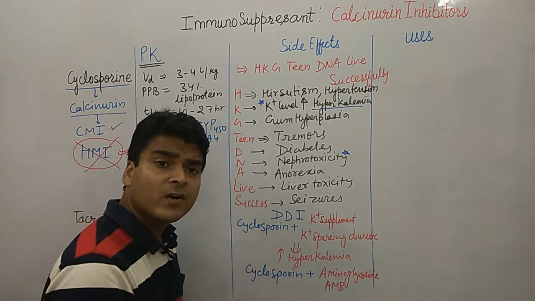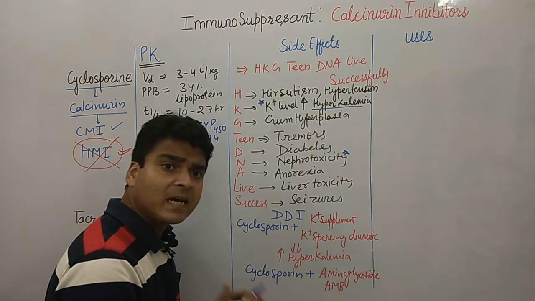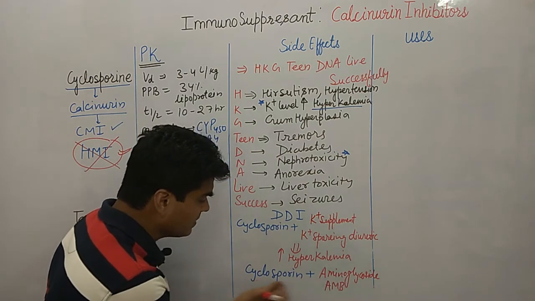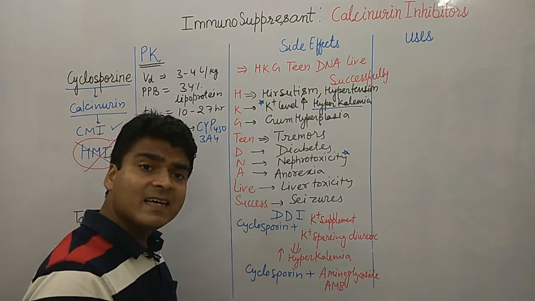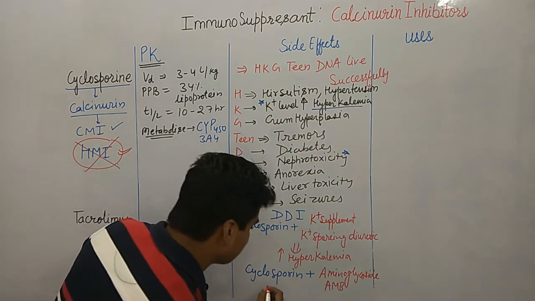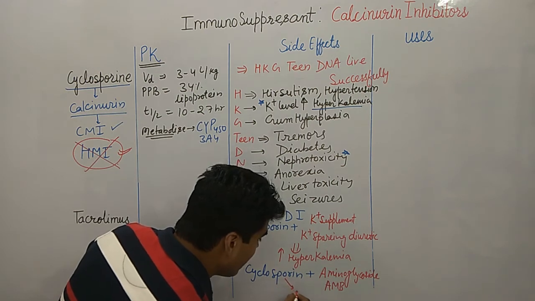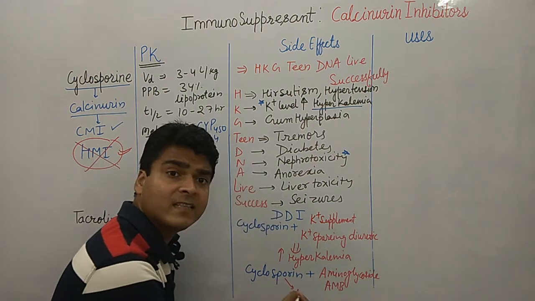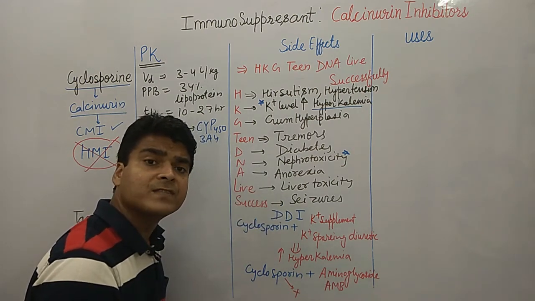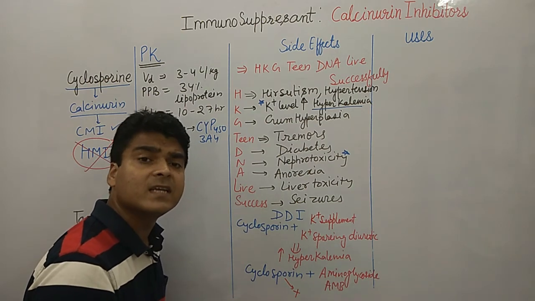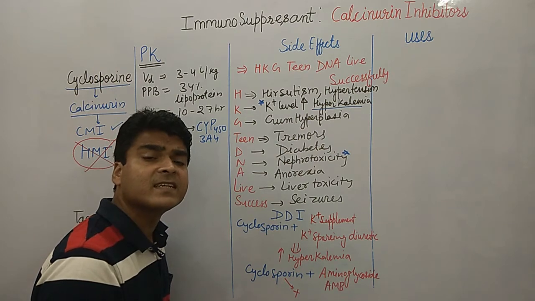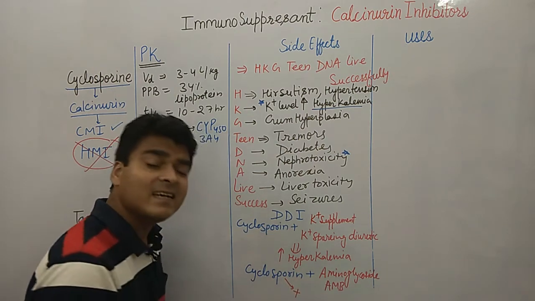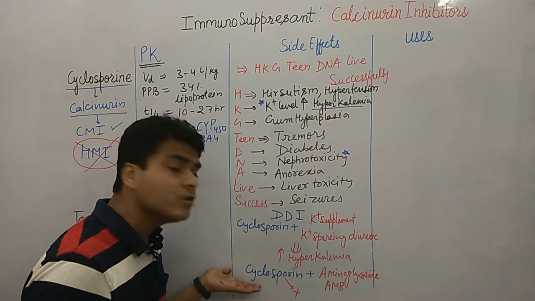Two nephrotoxic drugs cannot be combined with each other, so these drugs should not be combined with cyclosporin. Another important interaction is if we give cyclosporin with cytochrome P450 inhibitors and inducers, such enzyme inducer and inhibitor reactions may impact the plasma level of cyclosporin.